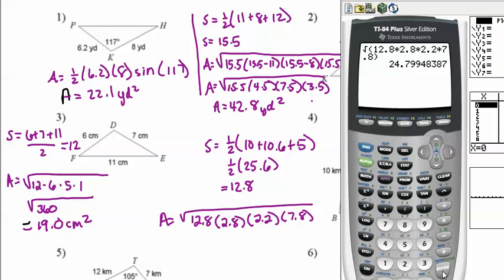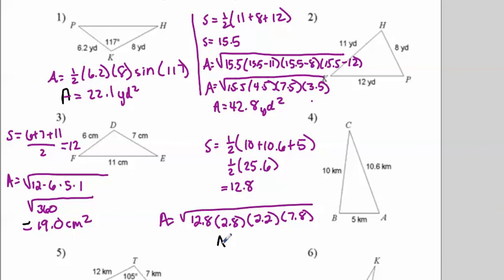Okay, so I have 24.8 kilometers squared. That's the biggest triangle yet.